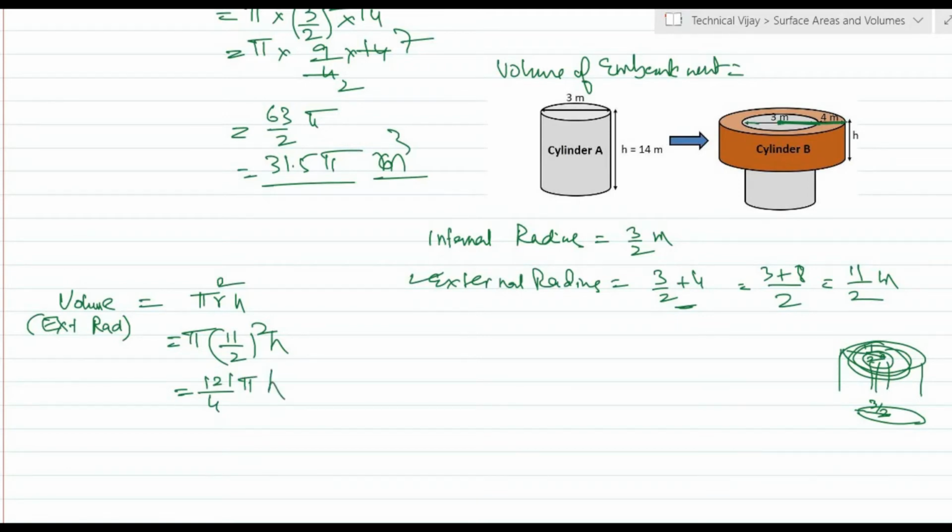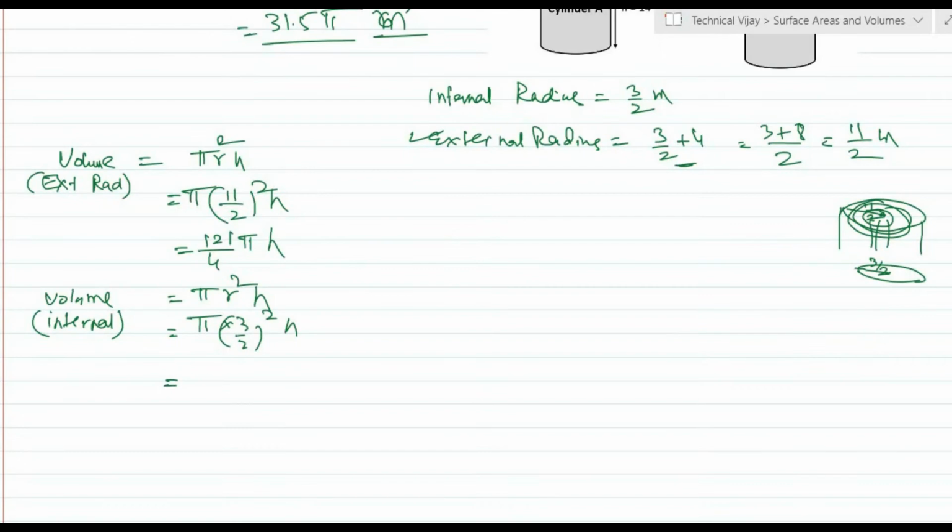After that, the volume with the internal radius, this we have to subtract. So here pi r square h, that is pi into 3 by 2 square into h. Now 3 by 2 squared means 9 by 4, that is 9 by 4 into pi h.